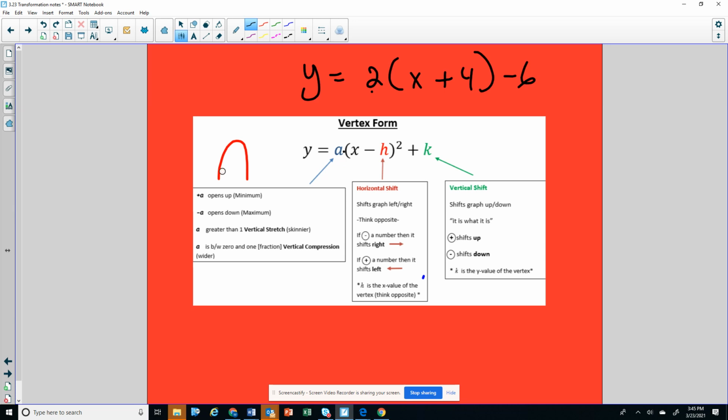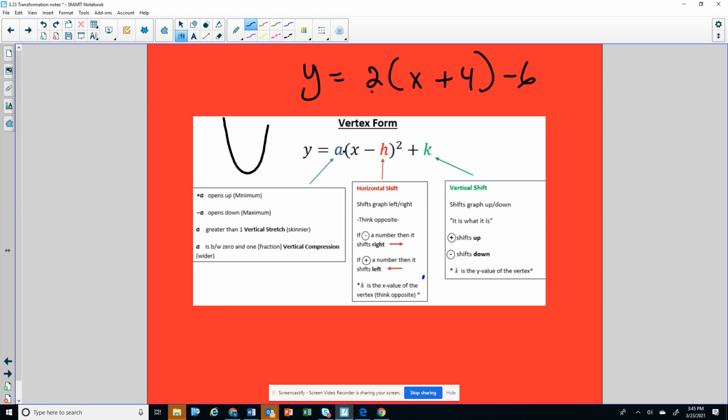And because my 2 is positive, the graph is going to open up this way. All right. And again, this is a rough sketch, guys. Don't hold me to this. I'm just going to show you that the graph opens up this way.